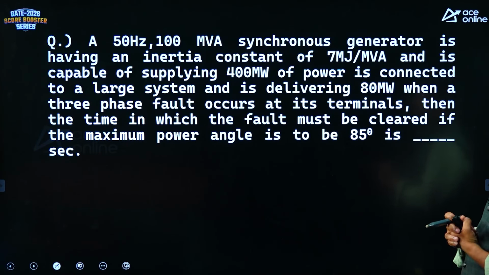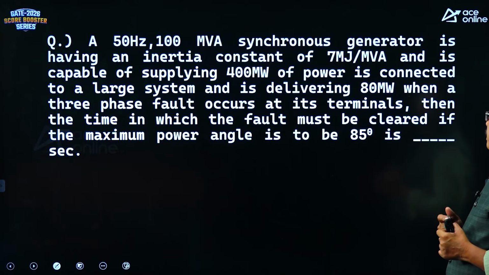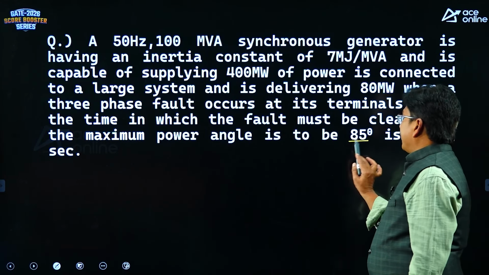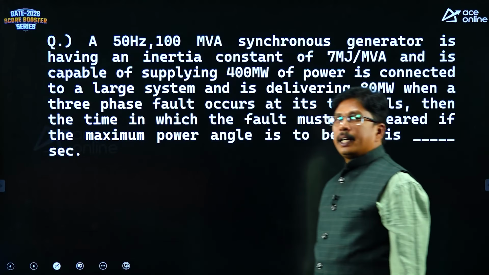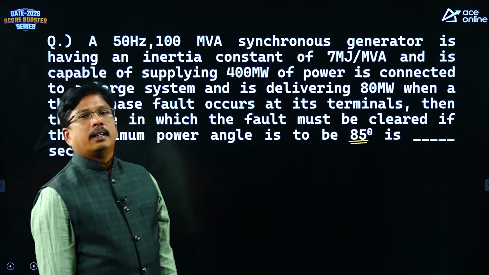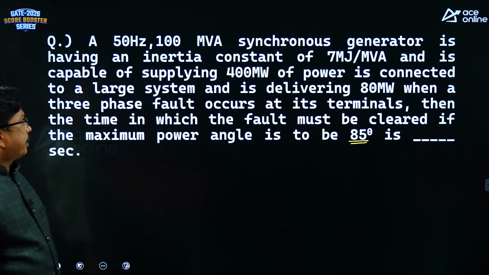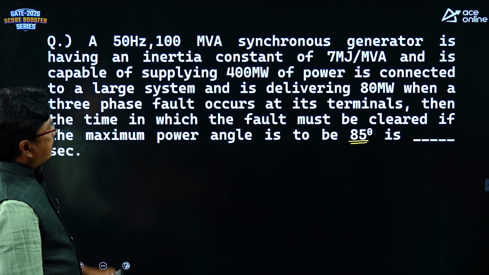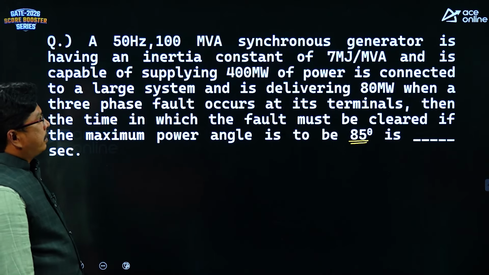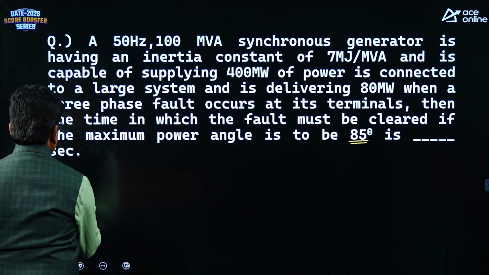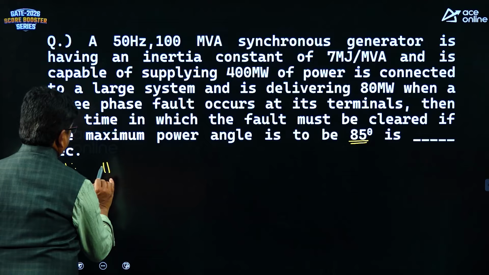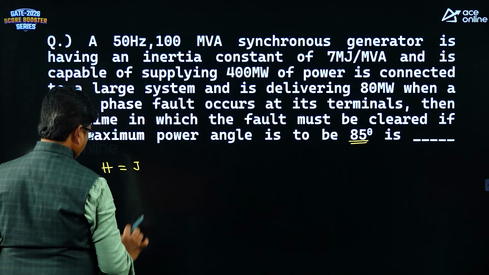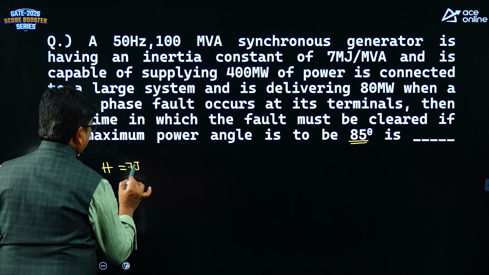Then find the time in which the fault must be cleared if the maximum power angle is to be 85 degrees. A question related to equal area criteria, transient stability analysis. See, it is given that the synchronous generator has an inertia constant H of 7 megajoules per MVA.